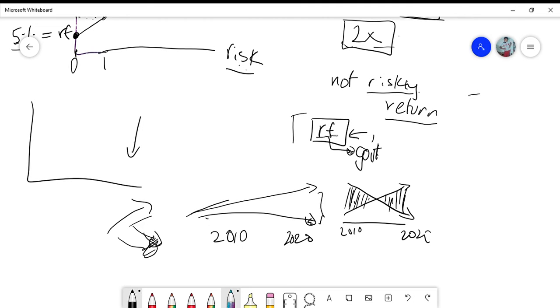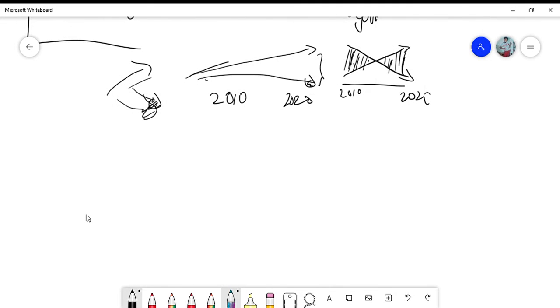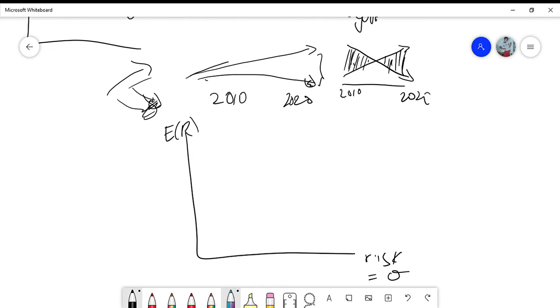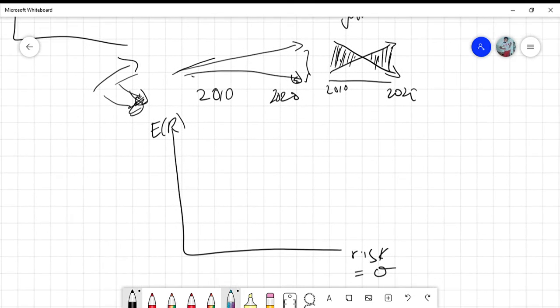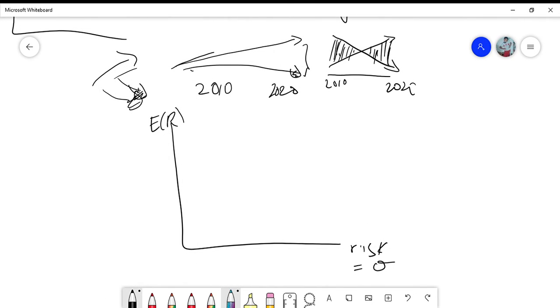So if I were to draw, here's risk. Also, risk is shown by standard deviation. And return is just the expected return, like the mean. So let's say we have two stocks. Here's stock one, and here's the other stock.